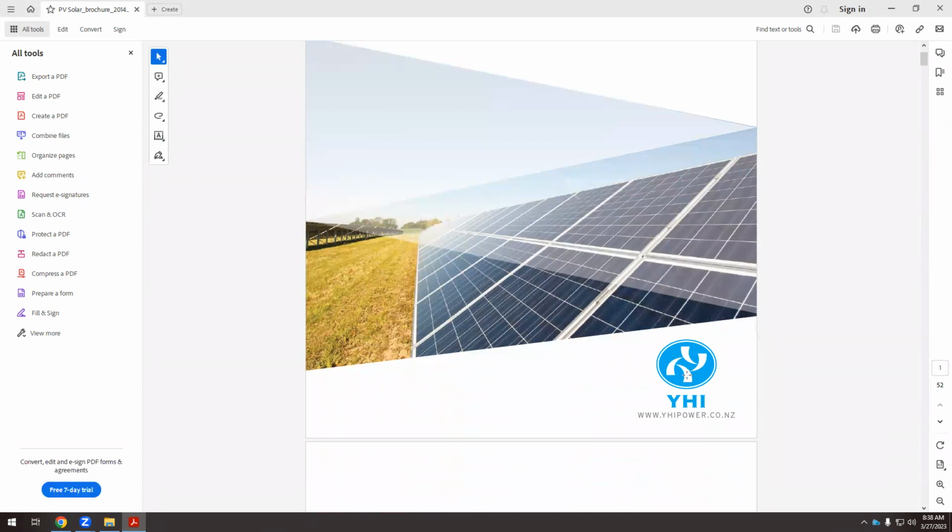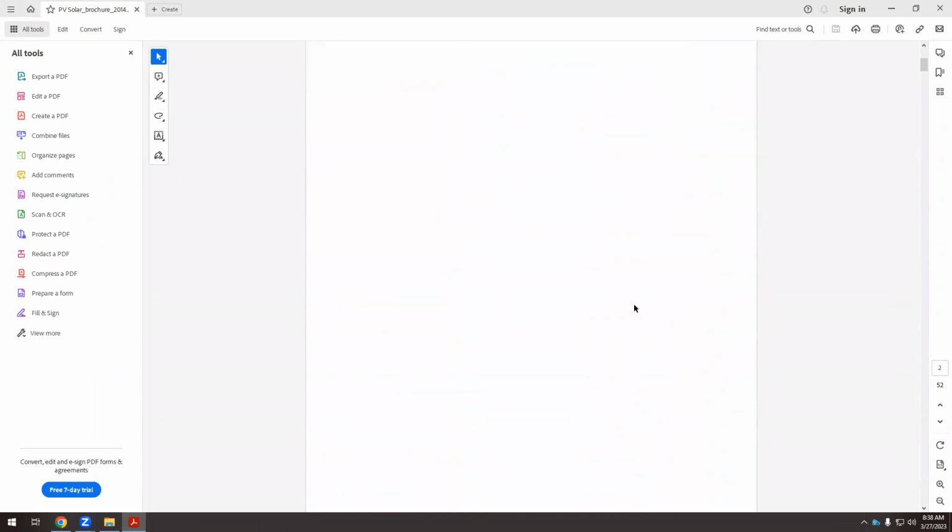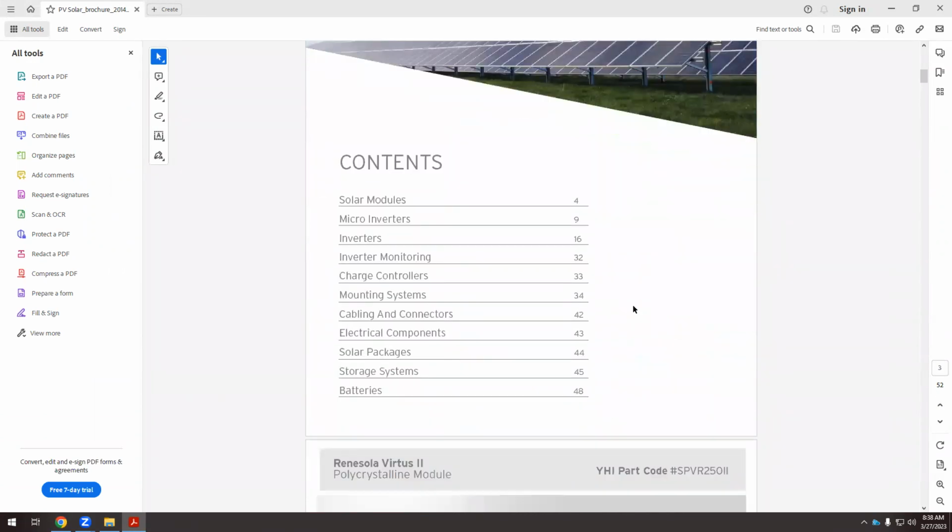It looks like a Chinese brand, but here we have information about the modules, and not only about the modules, we have everything that makes up a solar system. It's the inverter. Inverter is the device that turns direct current into alternating current.